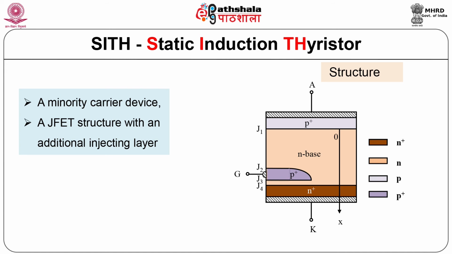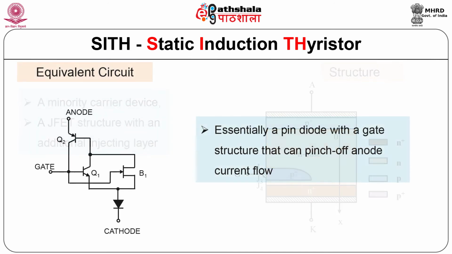Because of that, it results in low on-state resistance. Therefore, low on-state voltage even at larger currents. So, while turn on, JFET is used in a bipolar mode JFET, that is BMFET mode.